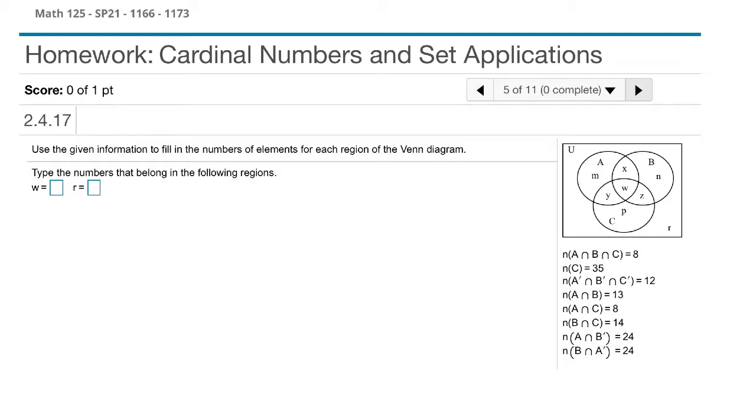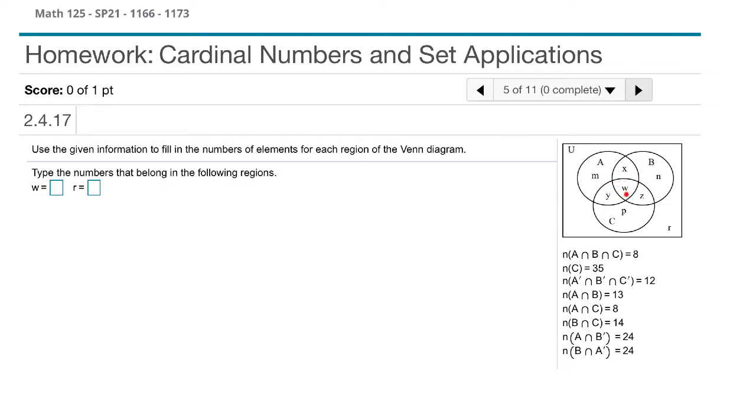Really the trick to doing these problems is to start off with the most restrictive region, the set that is only going to correspond to one region. The first place we can do that is with our set A intersect B intersect C, which is where all three of these circles overlap.